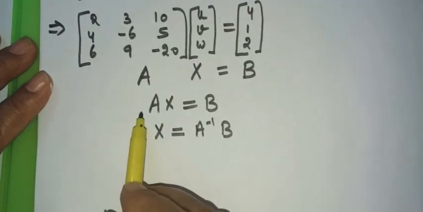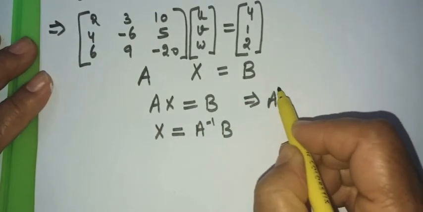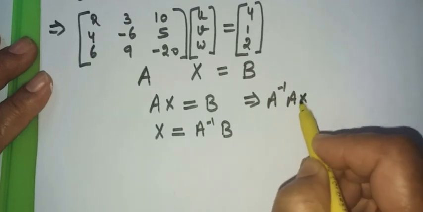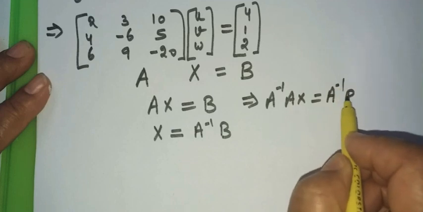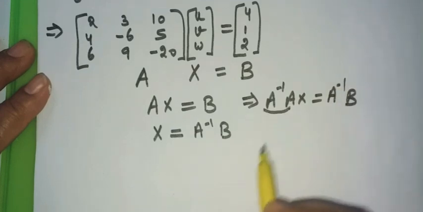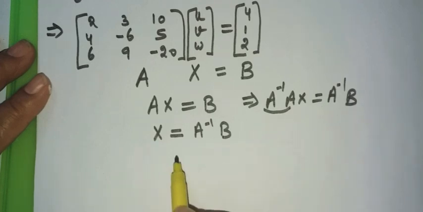We pre-multiply this matrix equation by A inverse. So what will I get? I will get A inverse into AX equal to A inverse into B. So A inverse into A will become I, I into X will become X. X is equal to A inverse B.